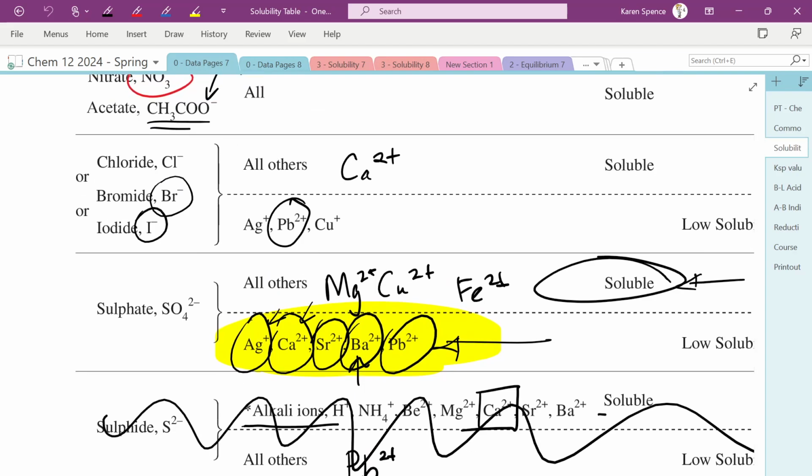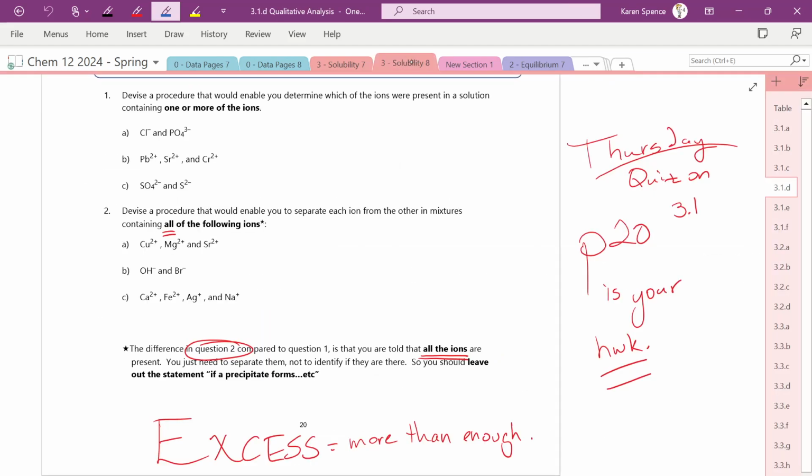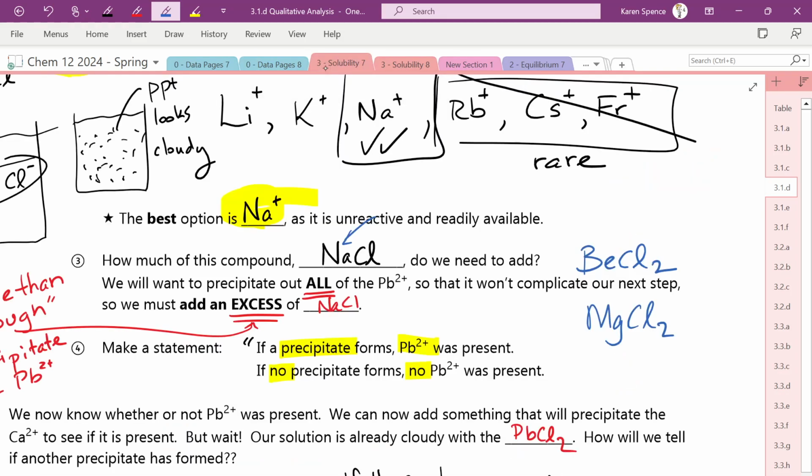Oh, I chose the two that are soluble. Silly me. What if I had chosen barium chloride? It would mess it up, yes? So beryllium chloride would have been okay, magnesium chloride would have been okay, but barium chloride would not be okay.